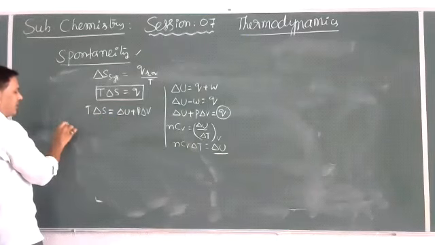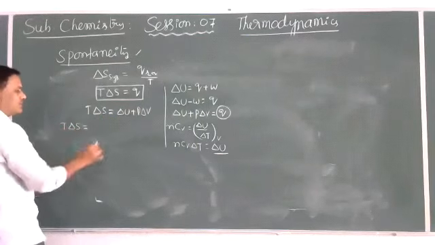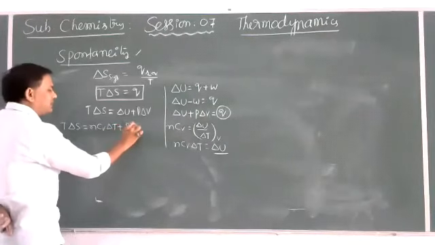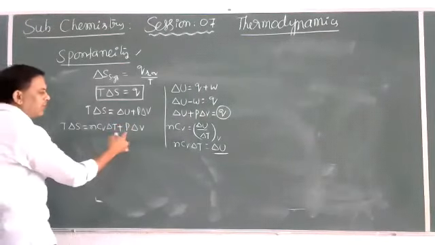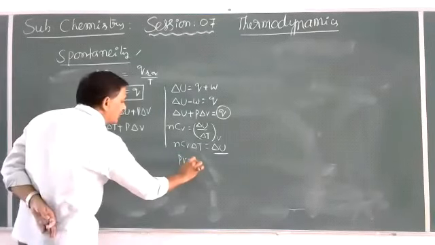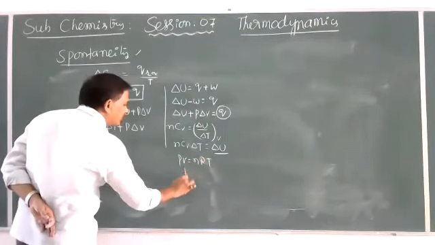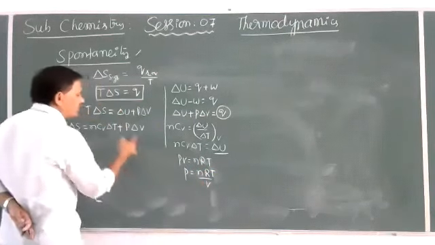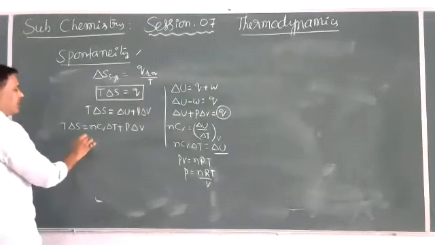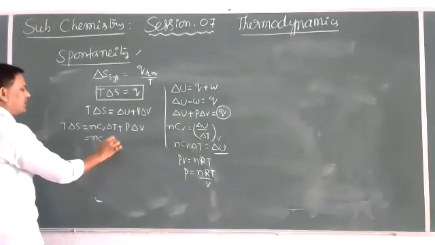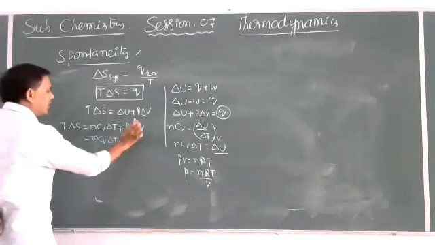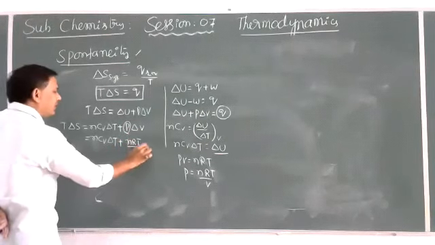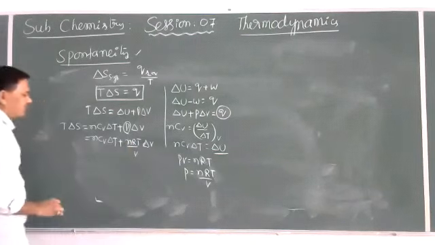Now we can write T delta S is equal to nCV delta T plus P delta V. We know PV is equal to nRT for n moles. Here P is equal to nRT by V. Instead of this value, substitute here. That is nCV delta T plus, instead of P, we can write nRT by V delta V.